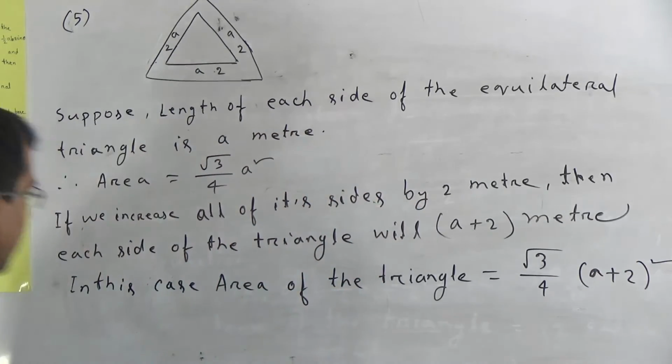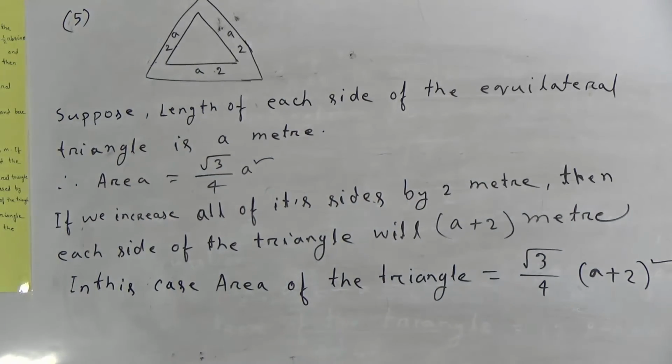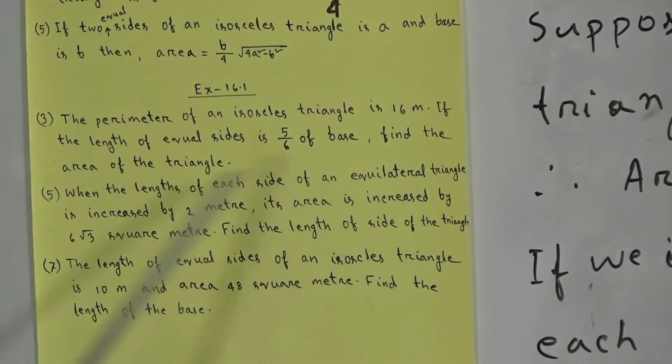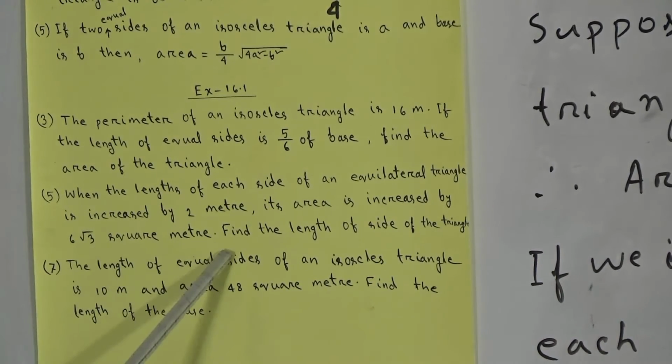Now in the question it is mentioned that when the length of each side of an equilateral triangle is increased by 2 meter, its area is increased by 6 root 3 square meter.